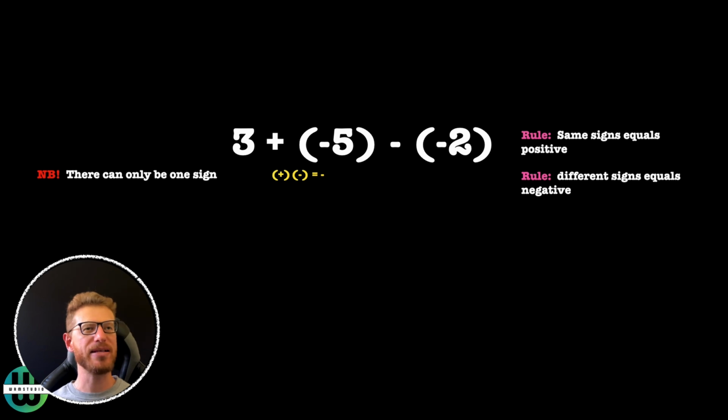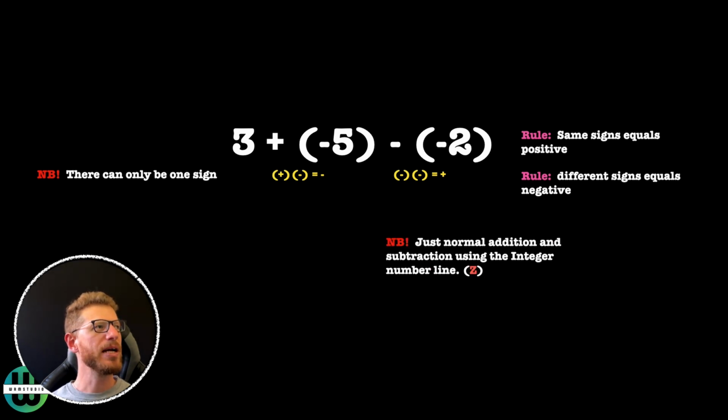So in front of that bracket, we always imagine the coefficient of 1. That's a positive 1 in this case. So I'm going to have a positive times a negative equals a negative. And in my next one, I've got a negative 1 as a coefficient because I've got the negative sign, minus 1. So I'm going to have a negative times a negative, and that's going to give me positive.